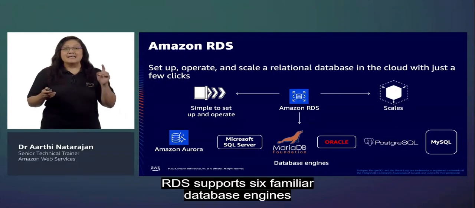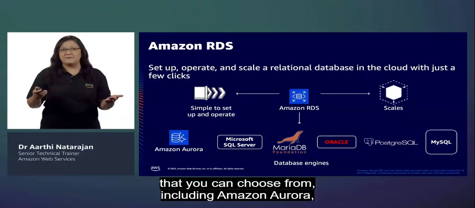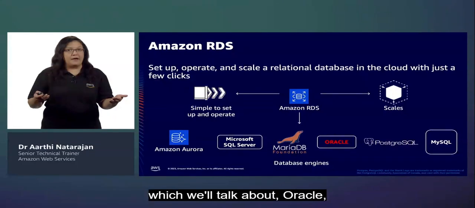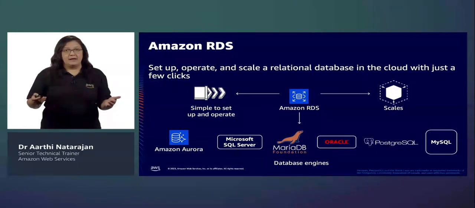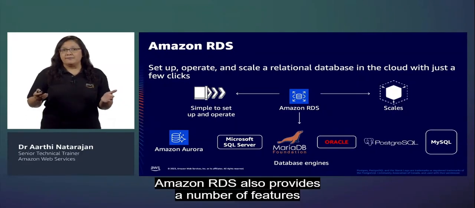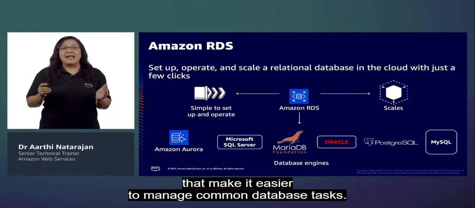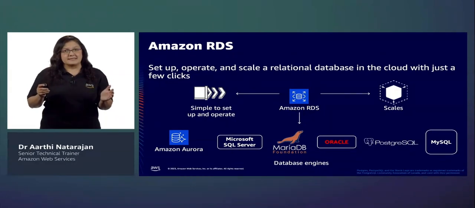RDS supports 6 familiar database engines that you can choose from, including Amazon Aurora, which we'll talk about, Oracle, Microsoft SQL Server, PostgreSQL, MySQL, and MariaDB. Amazon RDS also provides a number of features that make it easier to manage common database tasks.